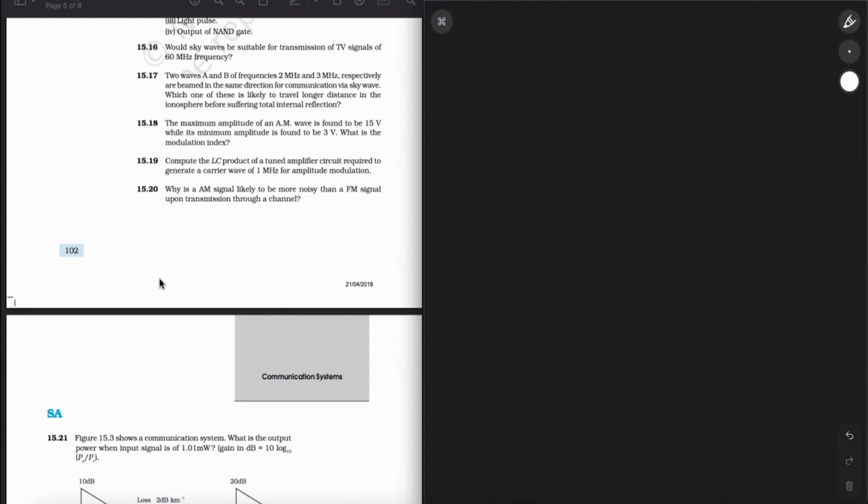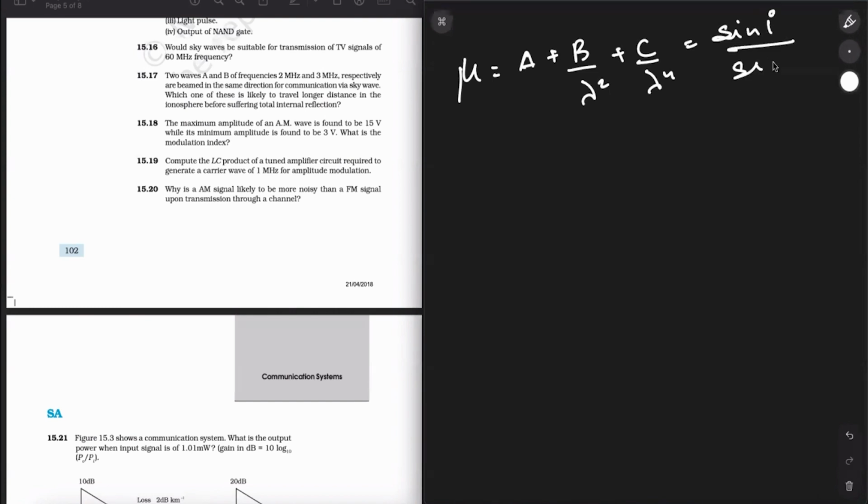So the refractive index of the ionosphere layer can be written as mu equals A plus B upon lambda squared plus C upon lambda to the power 4. Since this is the refractive index, you can write sine i upon sine r, and lambda we already know, lambda nu equals c. The refractive index of wave B is more than the refractive index of wave A because the frequency of wave B is more than wave A.